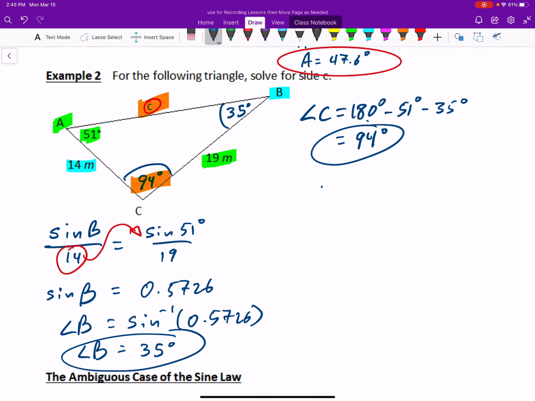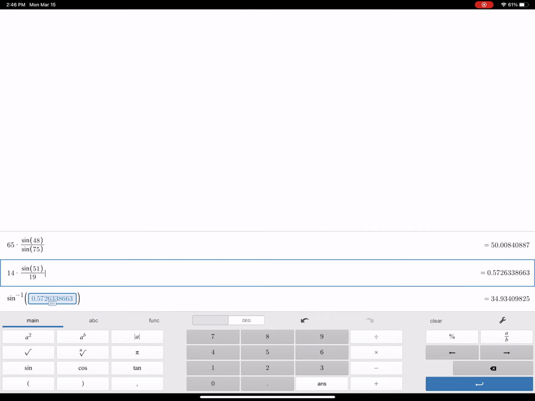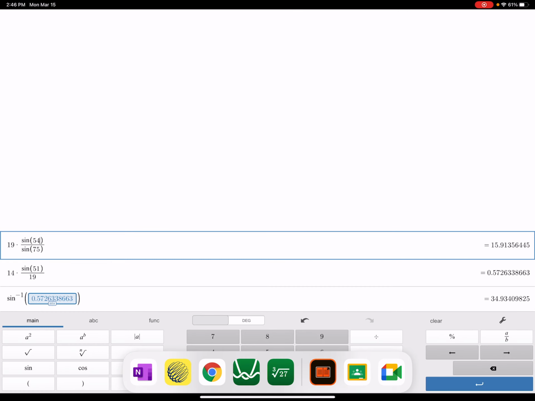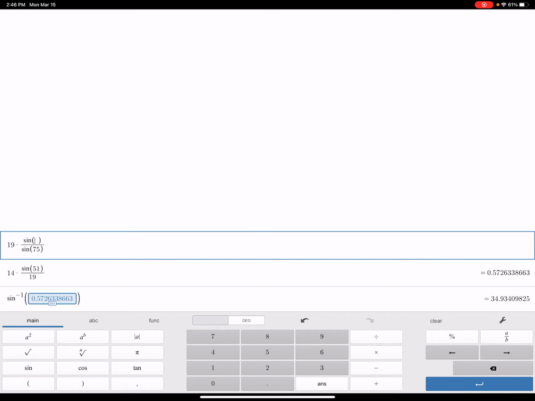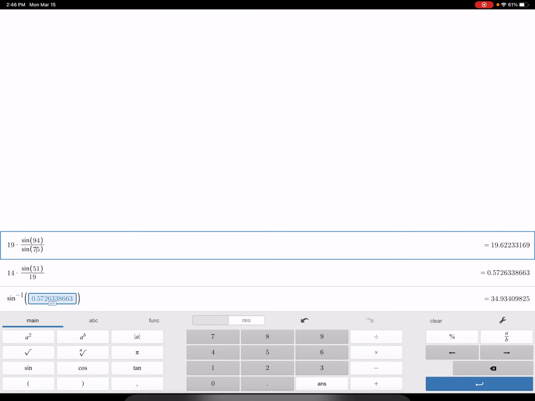So I can go again to the sine law: C over sine 94, since that's what angle C is, equals 19 over sine 51. Bring the sine 94 up to the top of the other fraction, and so it's 19 times sine 94 divided by sine 51.